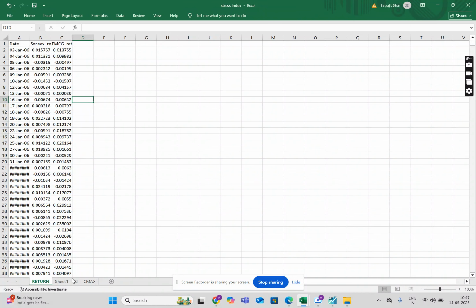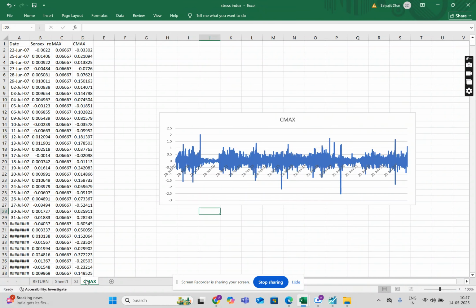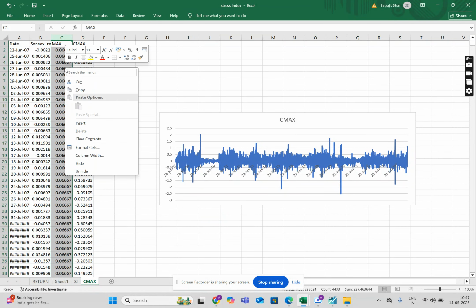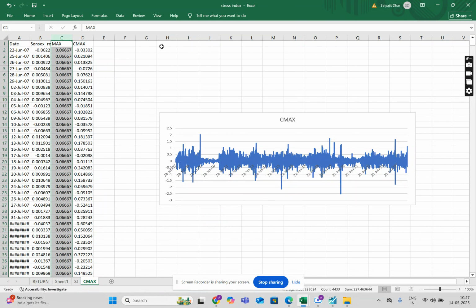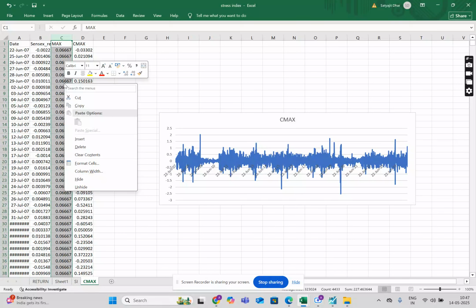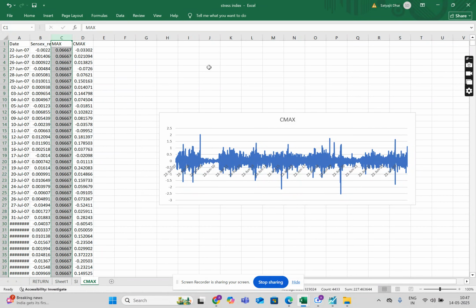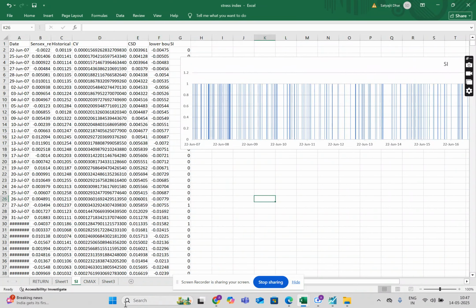I already had the FMCG return data with me, and I had the Cmax also. So let me just take the FMCG data onto eViews along with the rest of the data. So let me create another sheet where I will include all the variables.